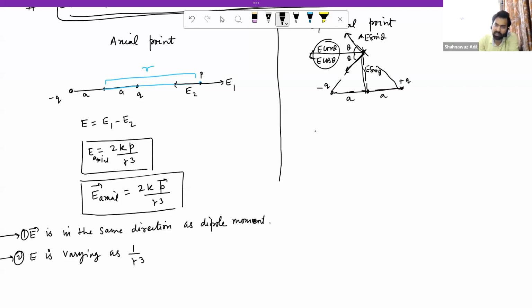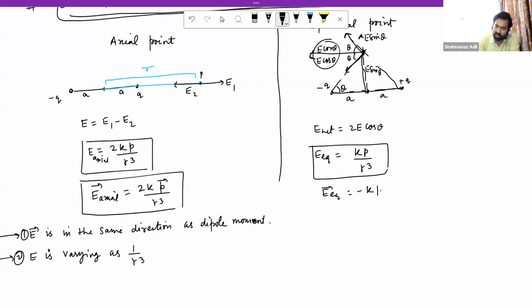So E net was 2E cos theta, and we solved this and got E equatorial as Kp by r cube. But when we wrote this in vector form, E equatorial was minus Kp by r cube, because this was in the opposite direction. This is the dipole moment direction, and the electric field is in this direction. So that is why we have this minus.